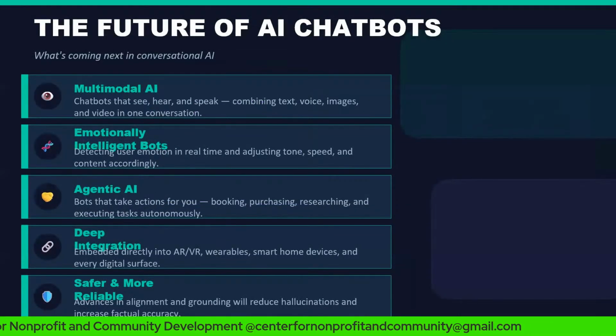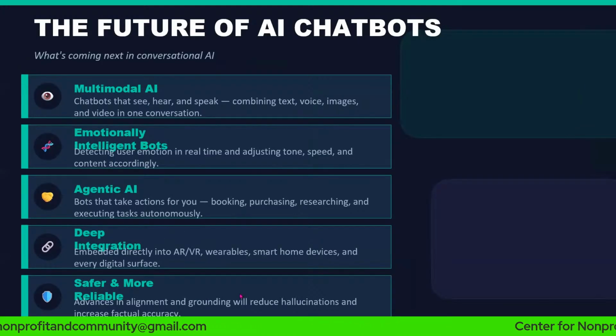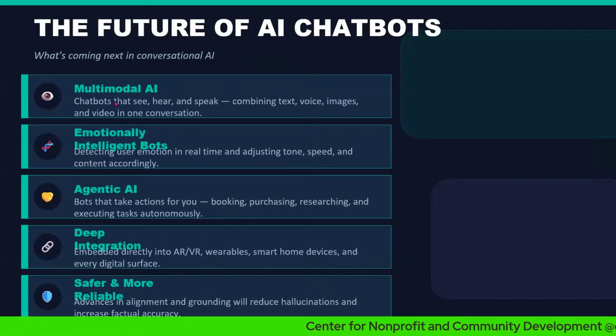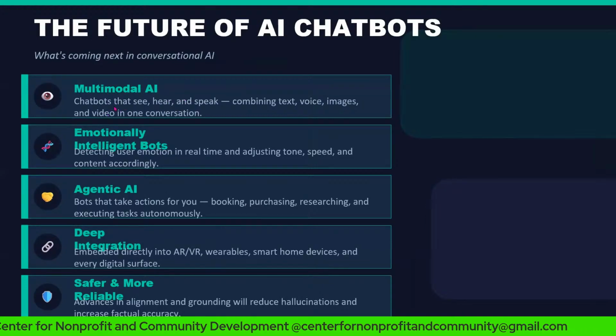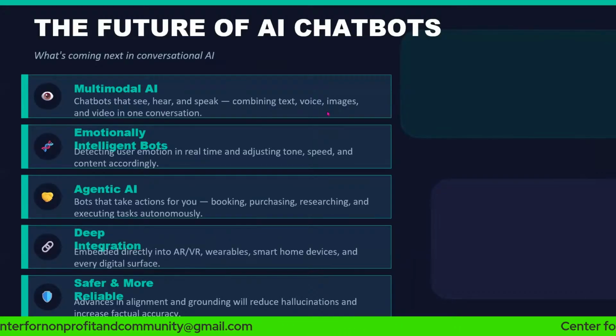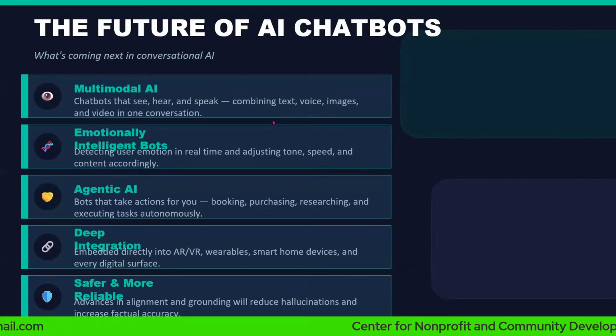So, where do we go from here? What's next? Well, first is what they call multimodal AI. This is when chatbots can see, hear, and speak, combining text, voice, images, and videos into one conversation.